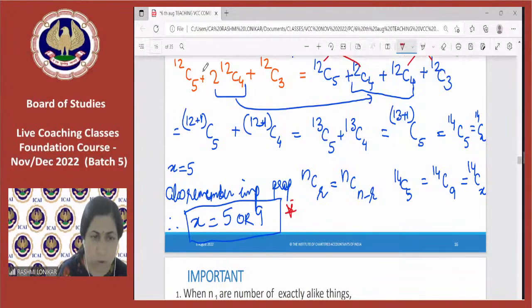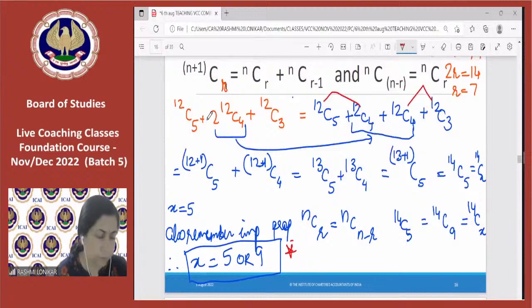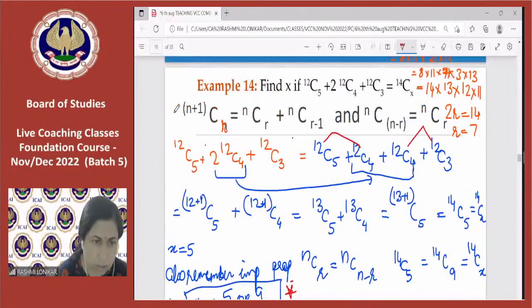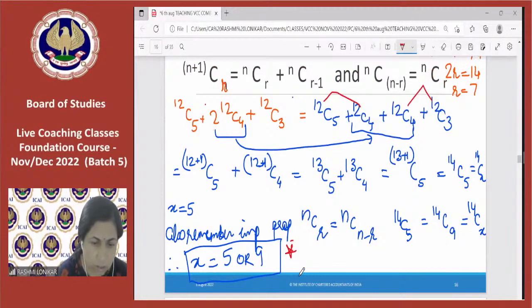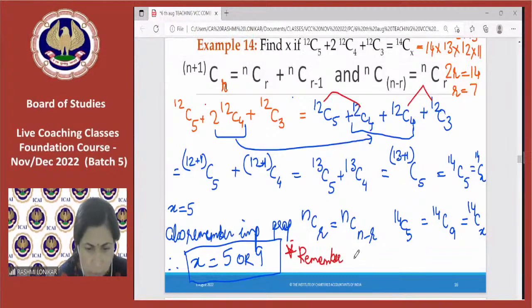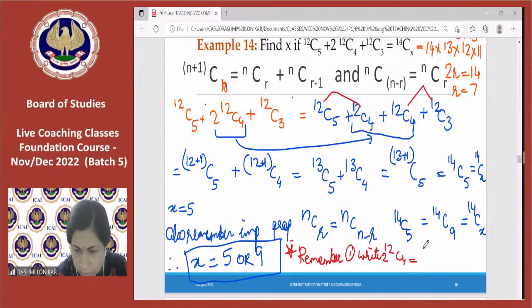Over here, see, the most important step is here. Remember, in this sum, you have to remember the first point: write 2 times 12C4 as 12C4 plus 12C4.